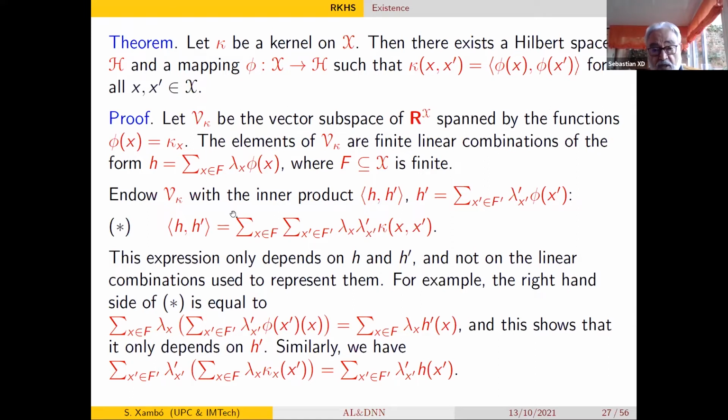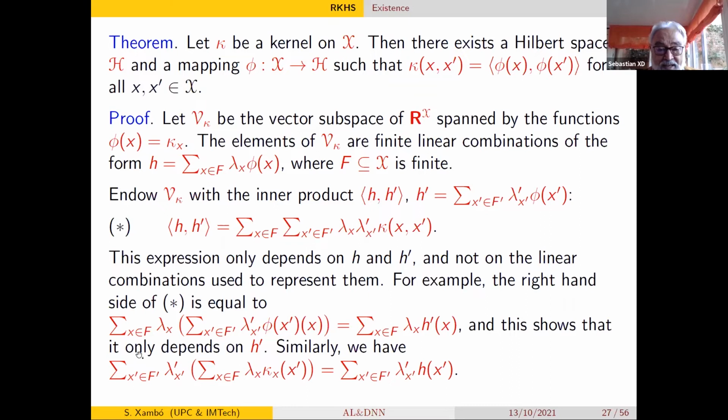This expression only depends on h and h prime and not on the linear combinations used to represent these functions. For example, by the calculation already done, the right-hand side of star is equal to this. You take first the sum with respect to x, then with respect to x prime, and it turns out that this is this function applied to x, which is h prime of x.